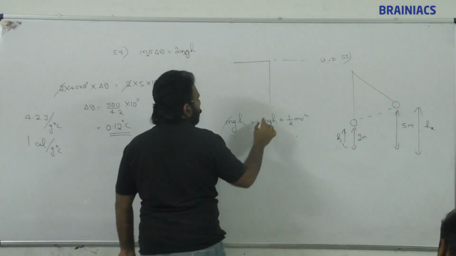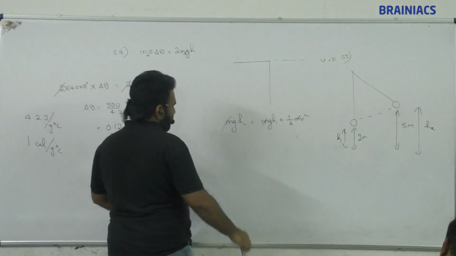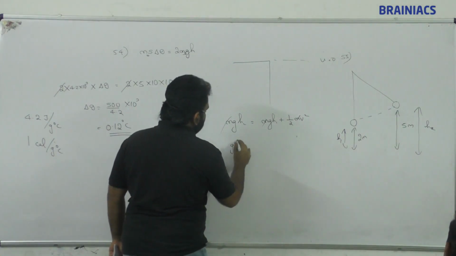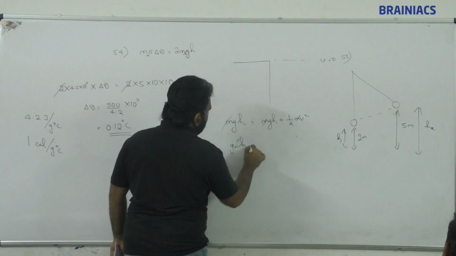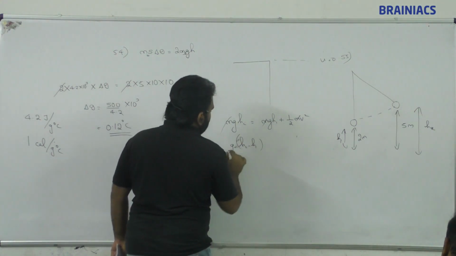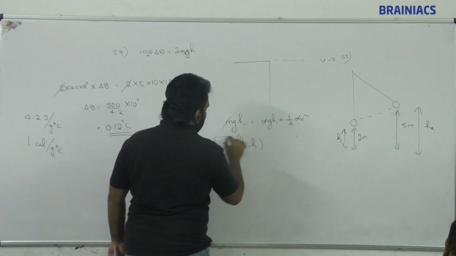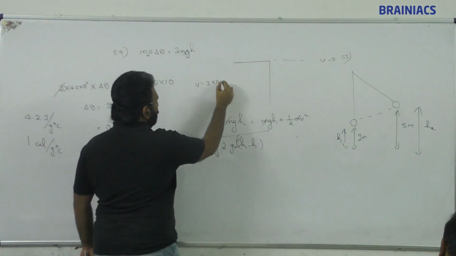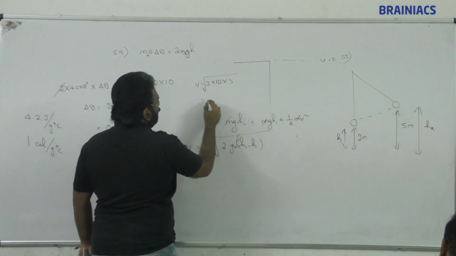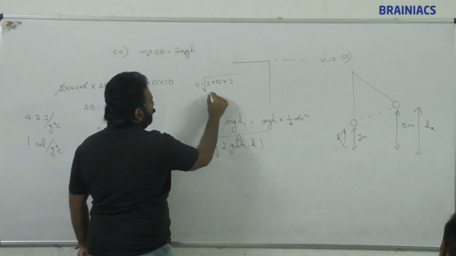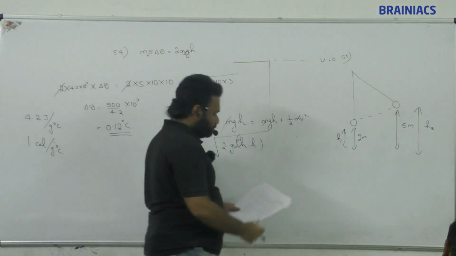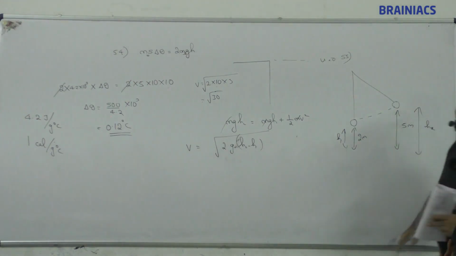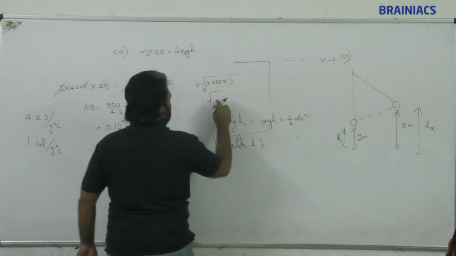So m will be cancelled off. What we need to find is the velocity. So v equals root of 2g into (h2 minus h1), that is 2 into 10 into 3, which is root 60.